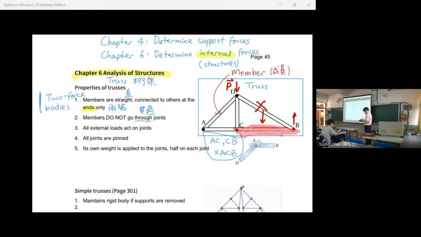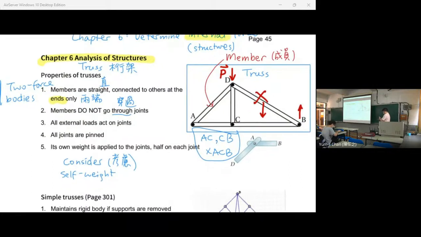How can we put this self weight onto the figure?